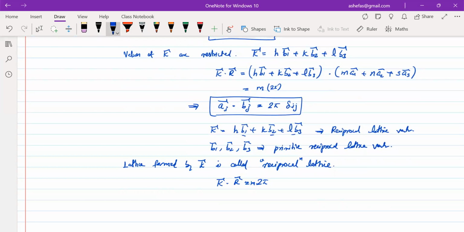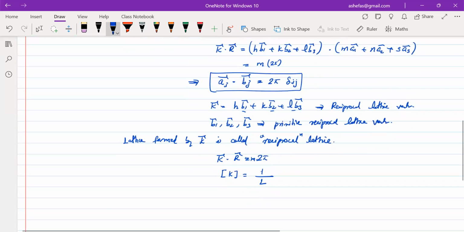Therefore the dimension of k is reciprocal to length, that is 1 upon length. That is why the k vector is called the reciprocal lattice vector. Its dimension is inverse to length. Moreover, it is connected to momentum.